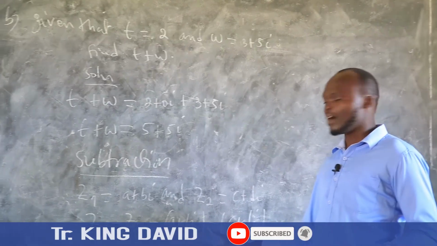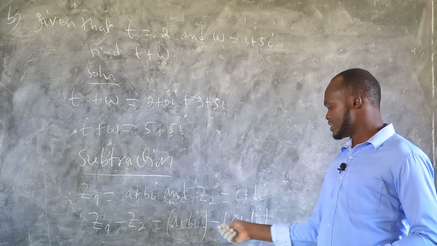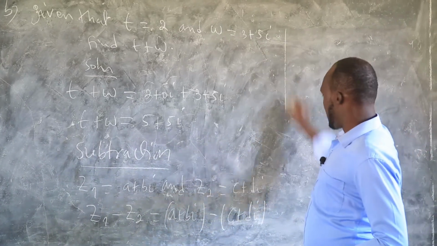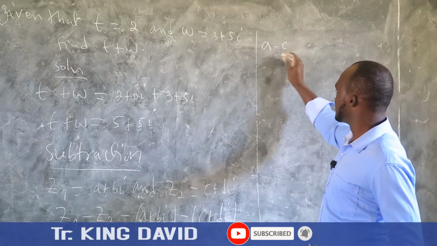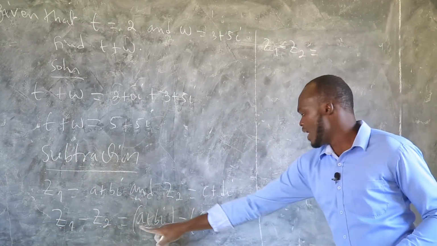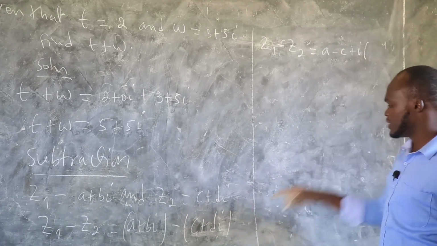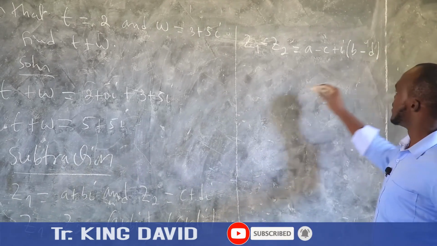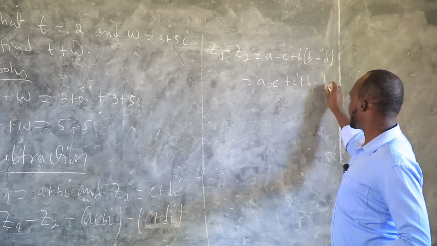Remember, subtraction affects each value in the second complex number. This negative will affect c, and also it will affect d. So Z1 minus Z2 will be equal to a minus c plus i times (b minus d).